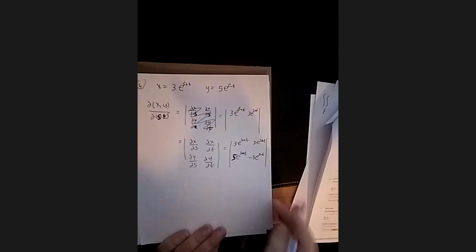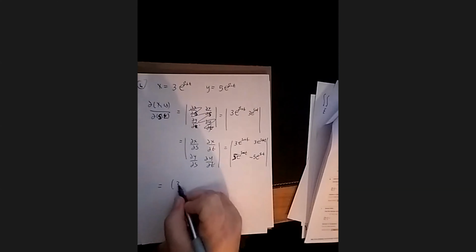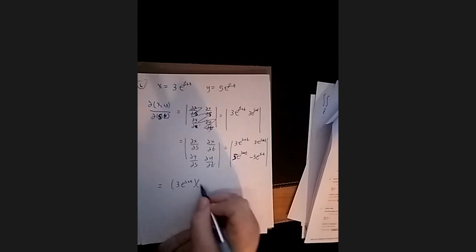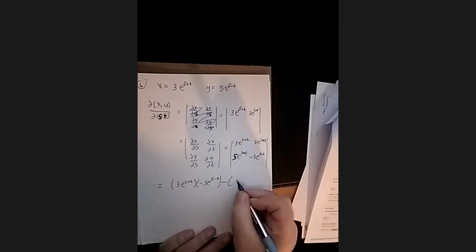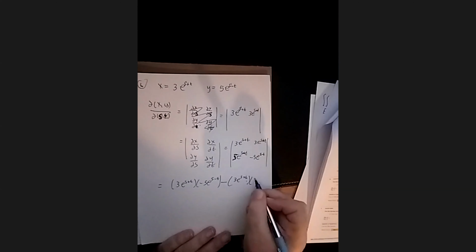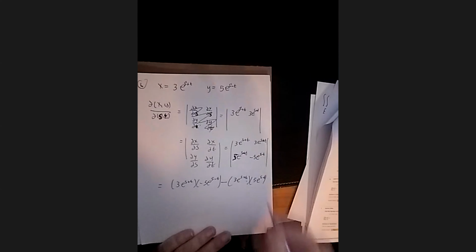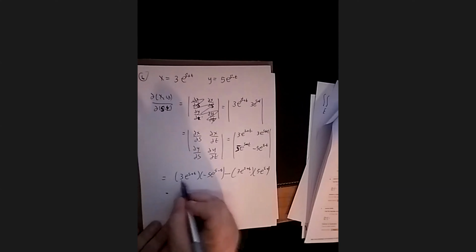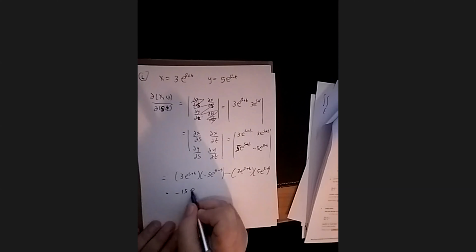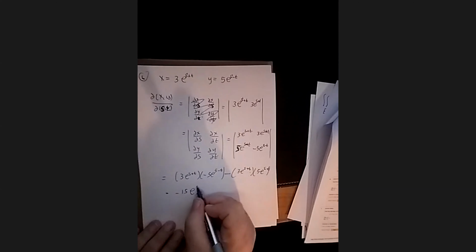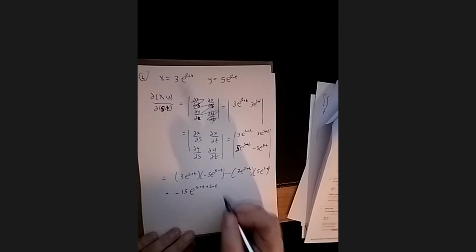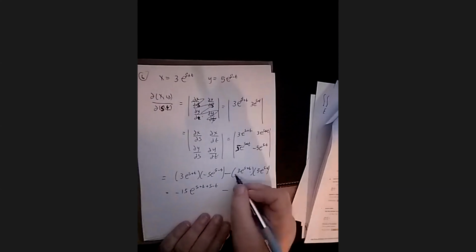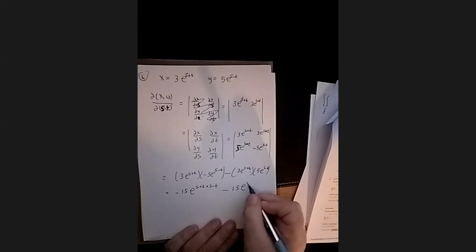Right. Now, major diagonal. This fella times this fella. Subtract. Minor diagonal. Now the rest is algebra. 3 times negative 5 is negative 15. If you multiply 2 powers of e, you add their powers together.